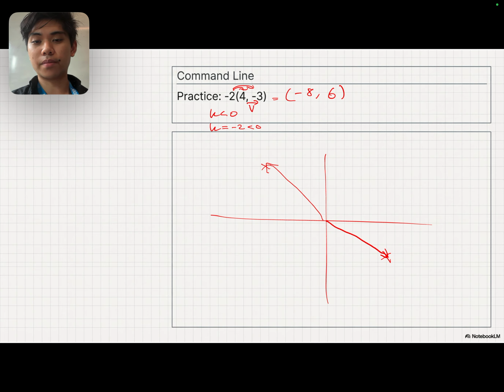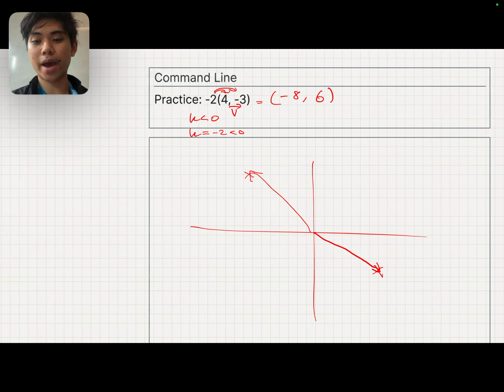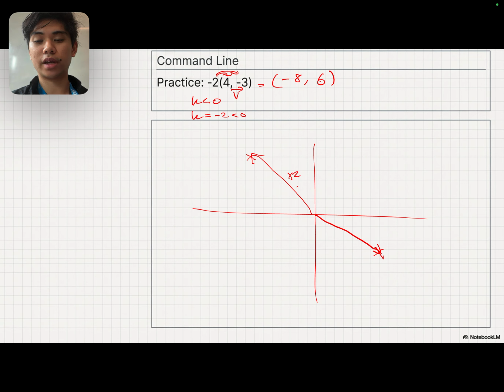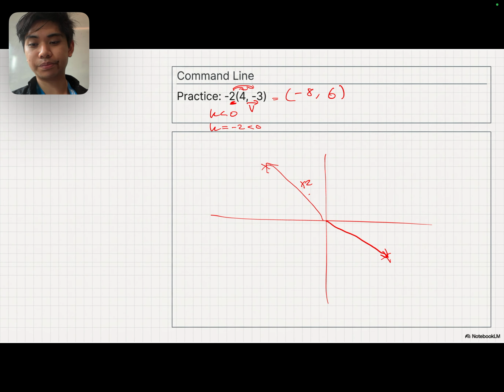And my magnitude is going to double in length, right? Because I have the 2 at the front here as my number. Okay, so that's just a rough sketch. So remember, I'm in the opposite direction.